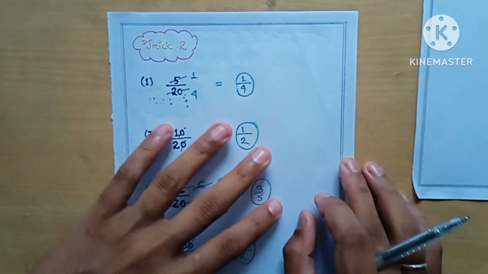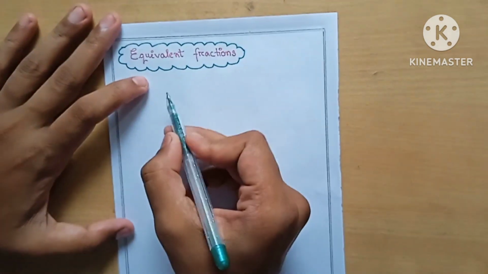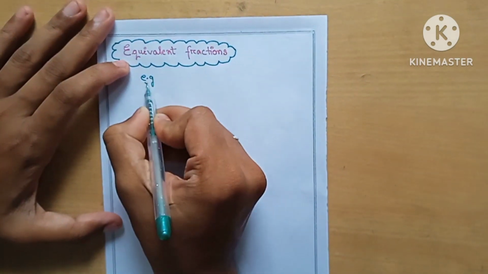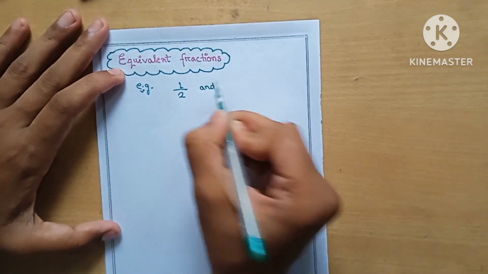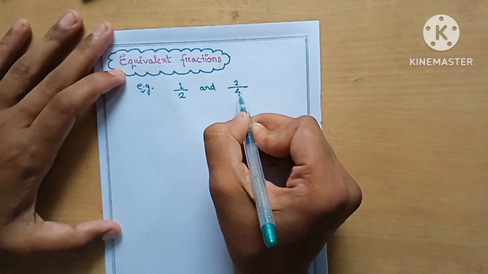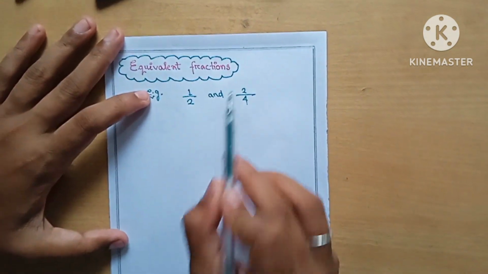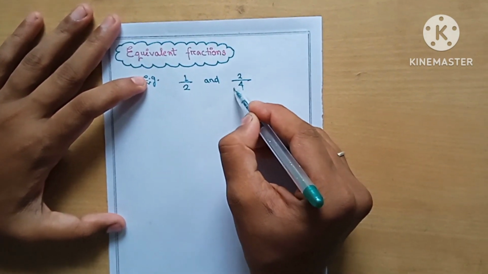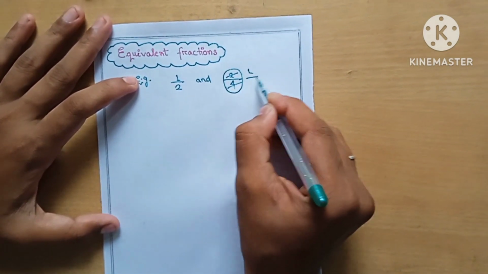Now students, let's see what equivalent fractions are. Let's understand these fractions by two examples. Example: 1 by 2 and 2 by 4. Now students, these two fractions are equivalent fractions. How do you see this? If we reduce 2 by 4, we get its simplest form as 1 by 2.